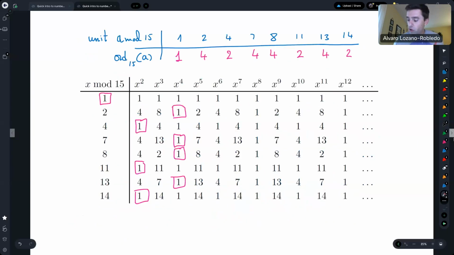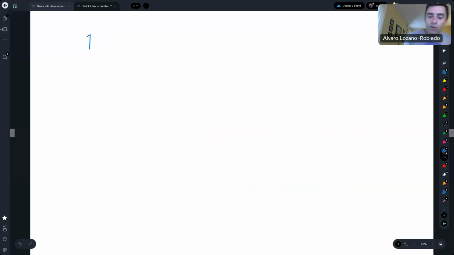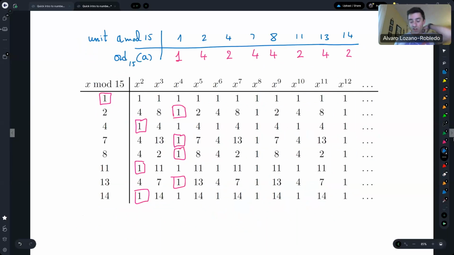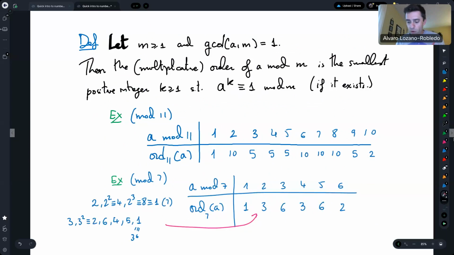And so let me give you a couple of results that are useful about the order. Also, what kind of orders can we get? Can we just get any number as an order, or is there a reason why the orders are 1, 2, and 4 here? And is there a reason why the orders are 1, 2, 5, or 10 here, or 1, 2, 3, and 6 here? You can see that 1, 2, 3, and 6 are the divisors of 6, while 1, 2, 5, and 10 are the divisors of 10.